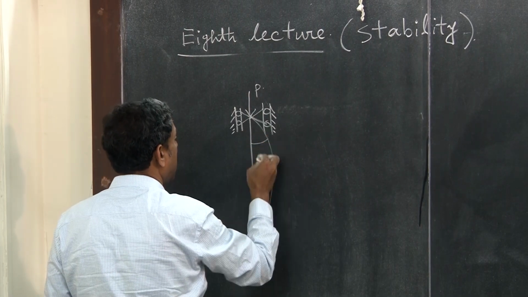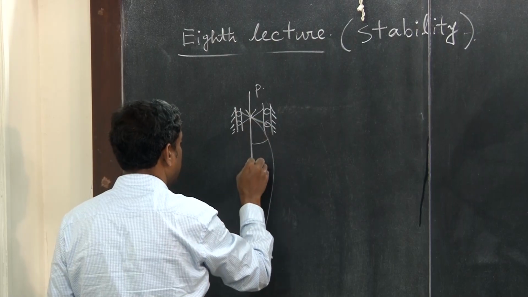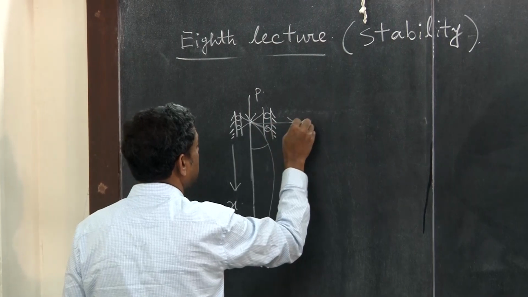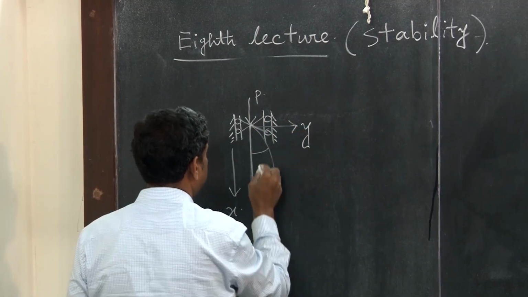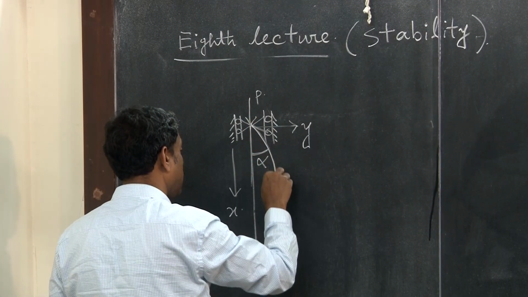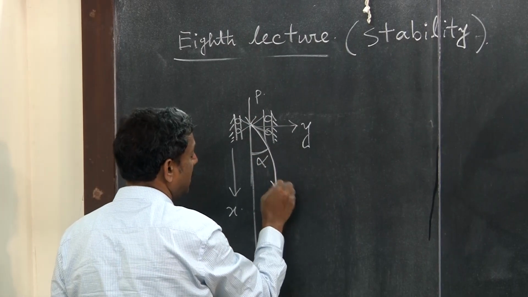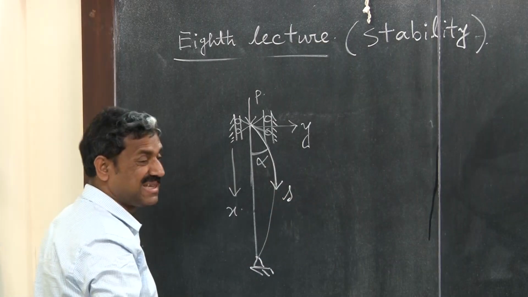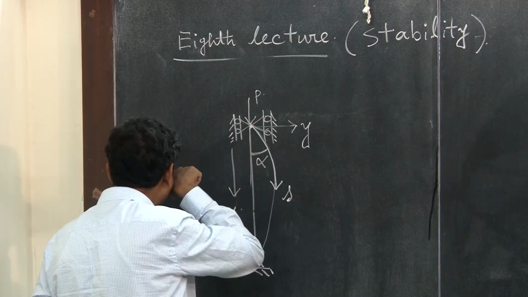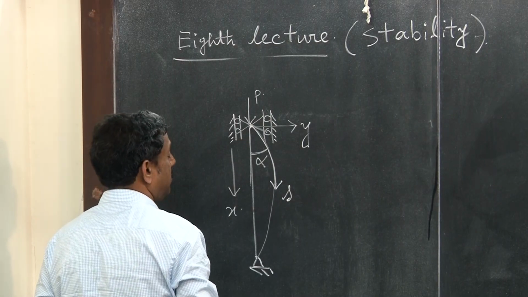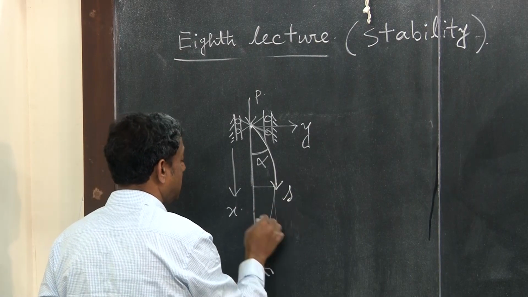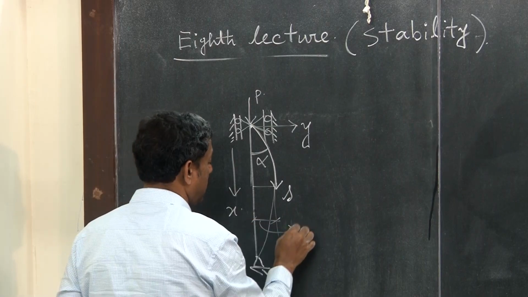Here I am going to consider the x axis and here the y axis, and then this angle is alpha. Then there is this arc, another coordinate which I am denoting as S along this arc, and then this is the origin, and P, and then this deflection is basically W.